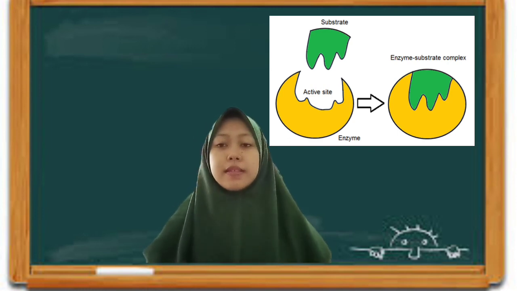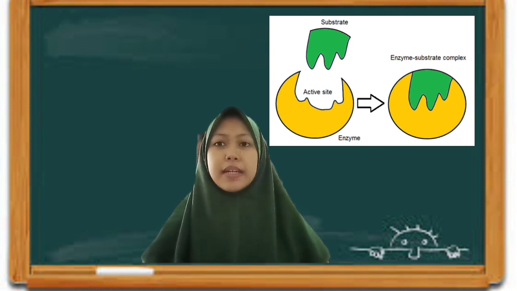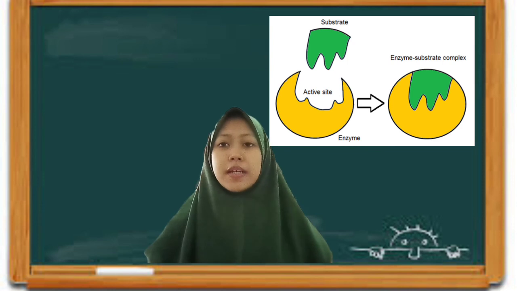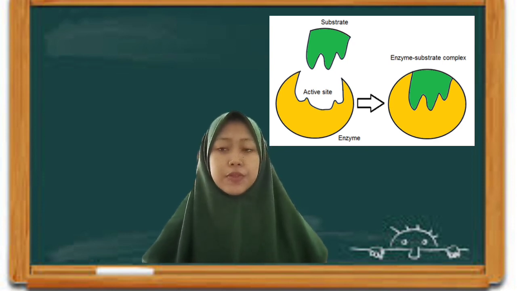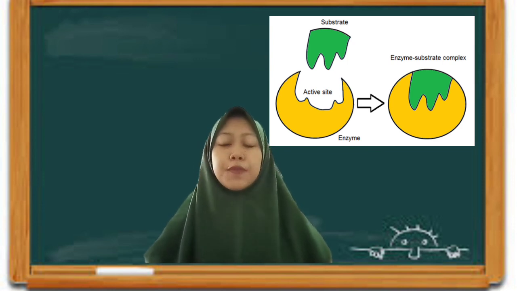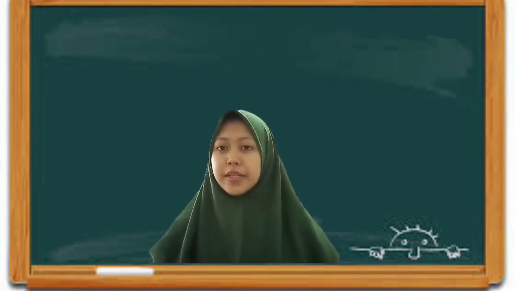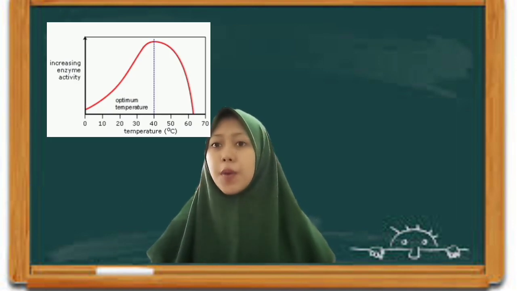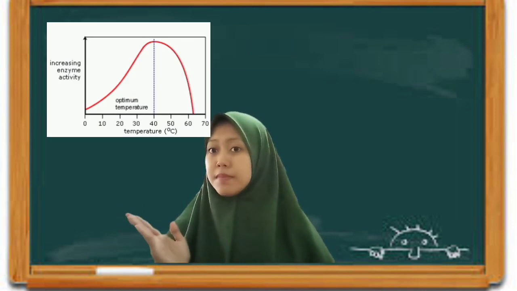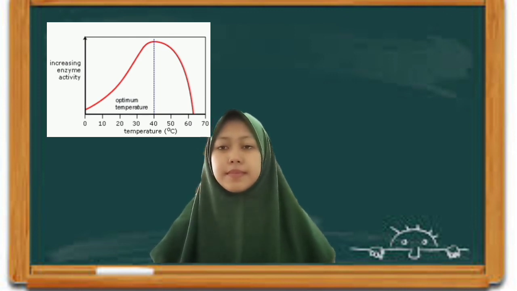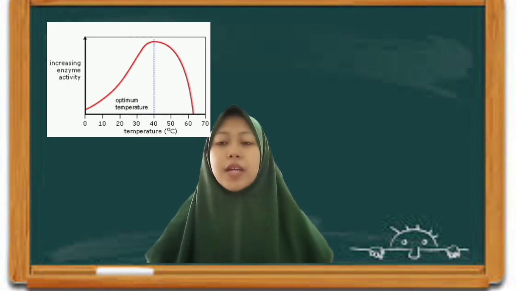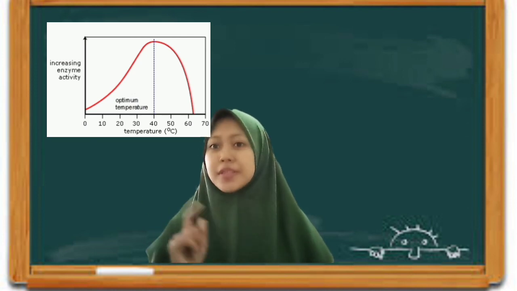This model suggests that an enzyme, when binding with its substrate, optimizes the interface through physical interactions to form the final complex structure. And the last question is, from this graph, can you guess the optimum temperature for this enzyme? Yes, 40 degrees Celsius is the optimum temperature for this enzyme.